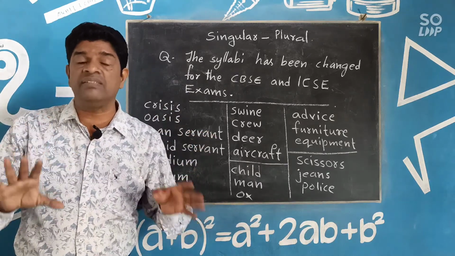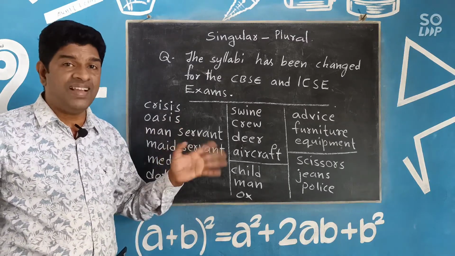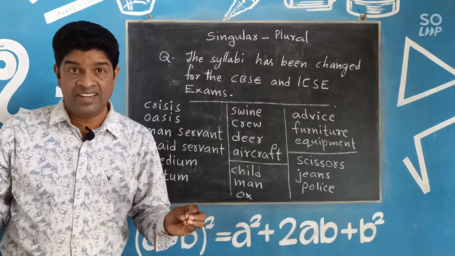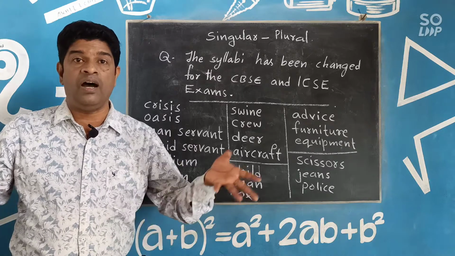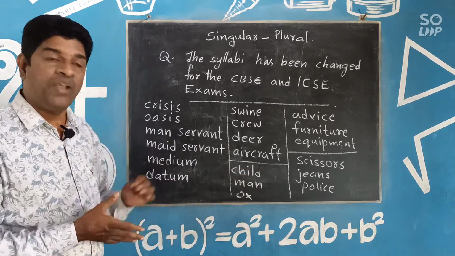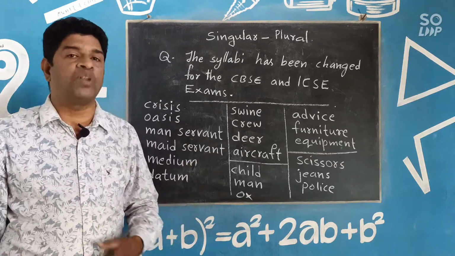The pronunciation is crises. Oasis, yes, a secluded place in the desert. They may have water, plants, trees, and the plural form is oases.